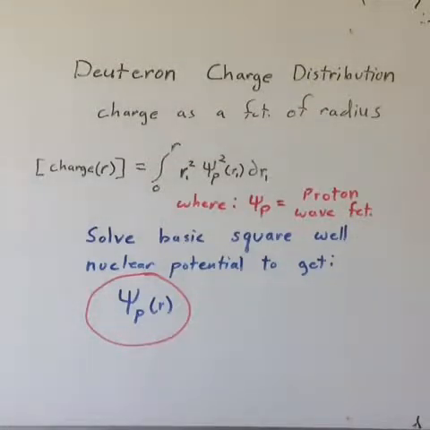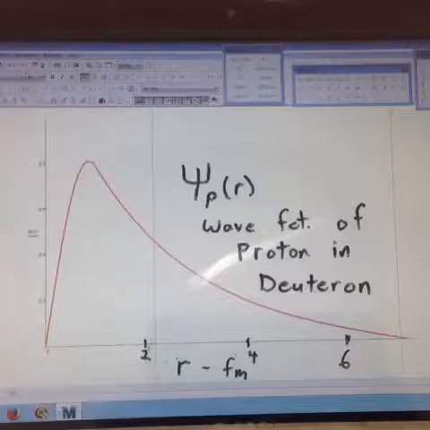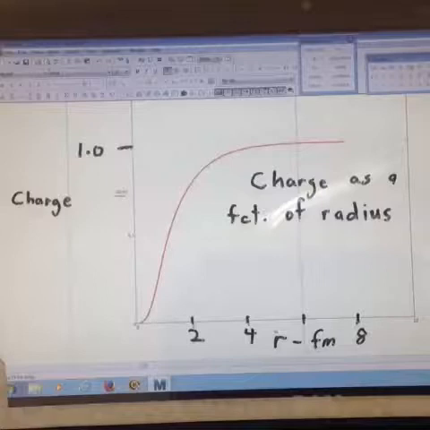Using Gauss's law, we integrate the probability from 0 to r to get the charge felt by the electron at r. This slide shows the proton wave function times r. This next graph shows the relative charge felt as a function of the radius in the nuclei.